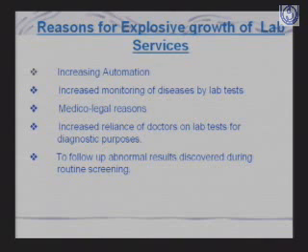Then there is increased reliance of doctors on lab tests for diagnostic purposes also, and follow-up of abnormal results discovered during routine screening. That is also very important, and you have seen that particularly for the non-communicable diseases, most of the time while routine tests are being done, suddenly you will find the patient is suffering from diabetes, or having some thyroid problem, or some kidney problem, or things like that.